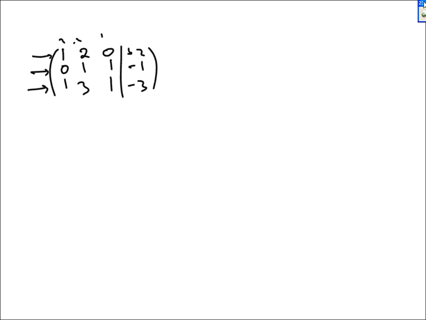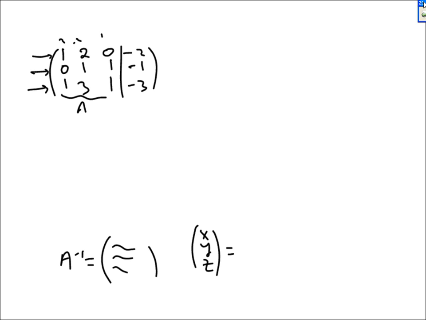If you're given the inverse, like if I told you this is A, and A inverse equals blah, blah, blah, then you can say right away x, y, z is equal to A inverse times B, which is negative 2, negative 1, negative 3. And you'll be done.